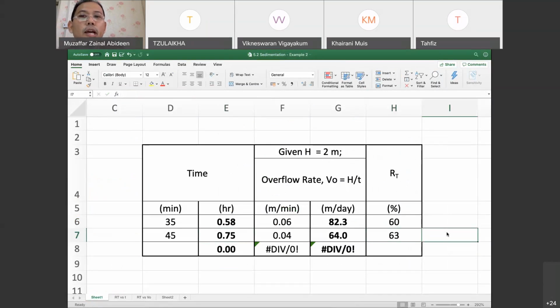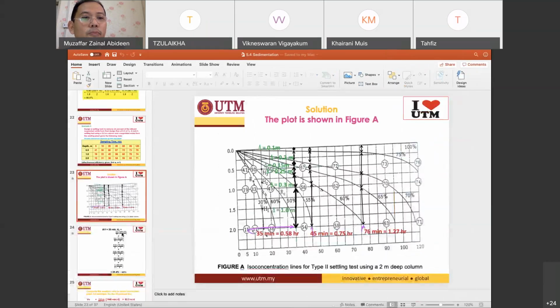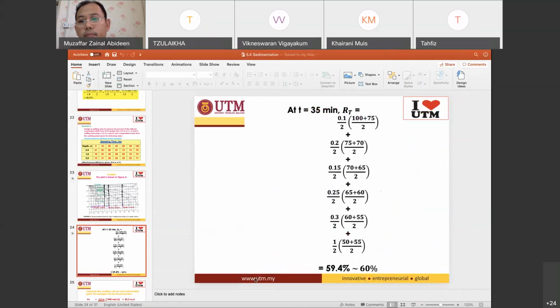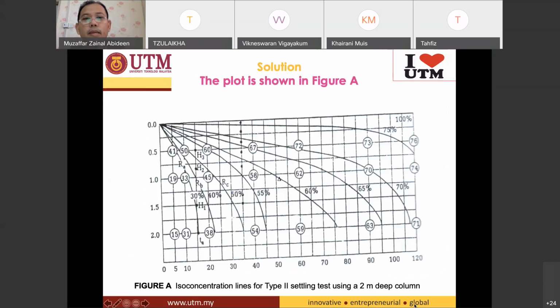Now our task is to find another time. Our second time is 45 minutes, which is equal to 0.75 hours. And then my third time is 76 minutes, which is equivalent to 1.27 hours.